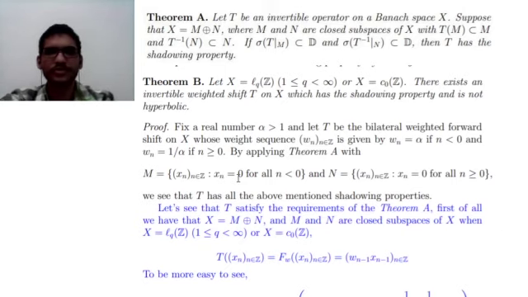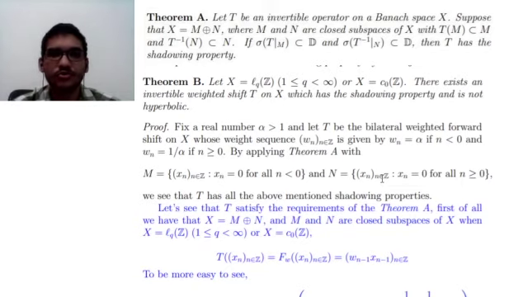So when you apply the forward shift, it is contained in M. And in the same way, for N the positive coordinates are equal to 0.